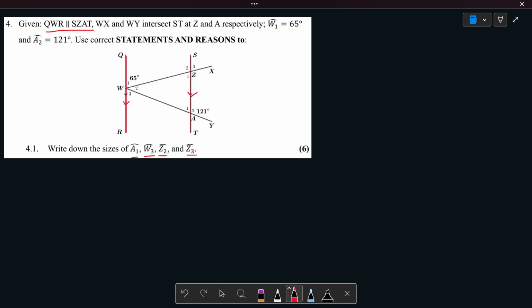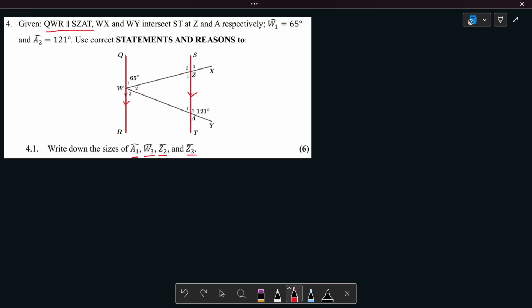Okay, what's our next thing? WX and WY intersect at ST. So basically, they intersect at ST, as you can see over here, both of them, at Z and A. So obviously they're talking about the intersection points being Z and A, respectively.